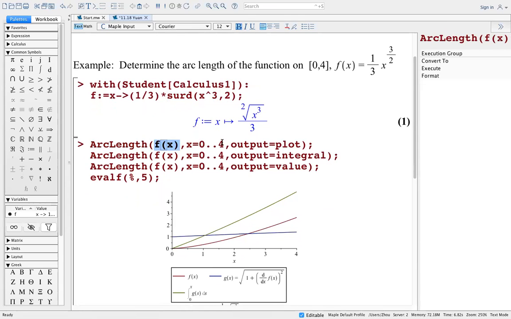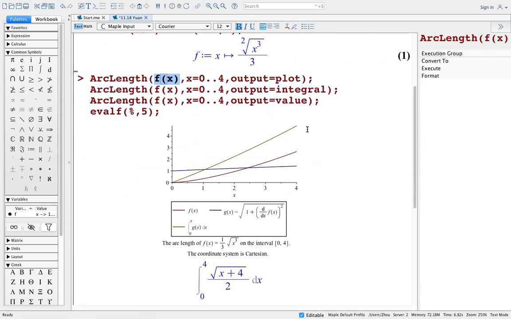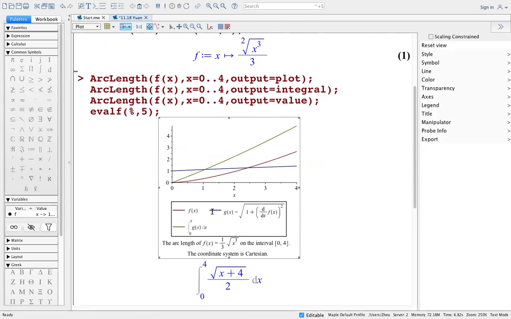I wanted it from 0 to 4. I did a 3 output here, one for the plot, just to see how the Arclength looks. Here the red graph is the original function. The blue one is the Arclength. The green one is the integration from 0 to x for the arc length function, which is the length of the Arclength, I believe.